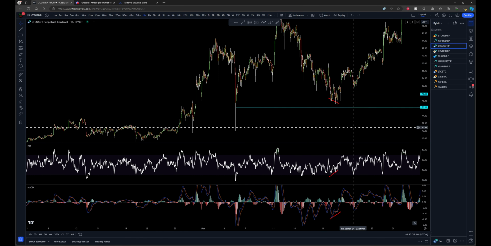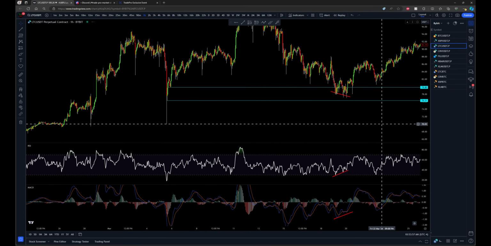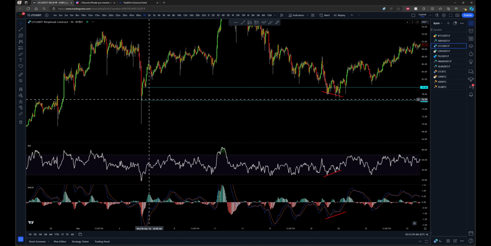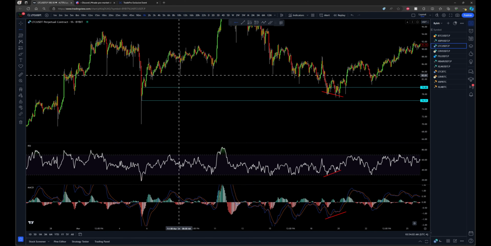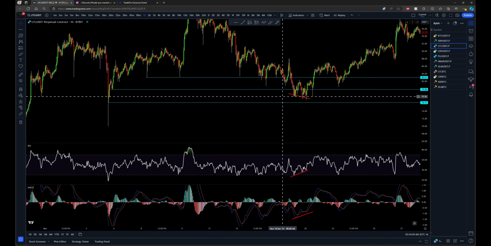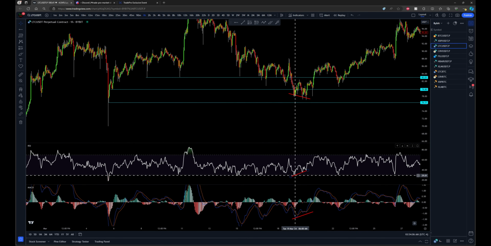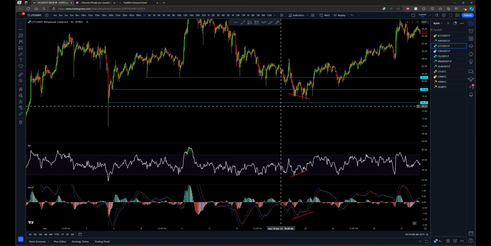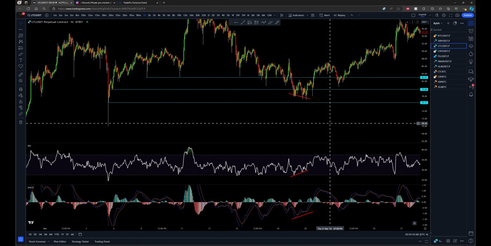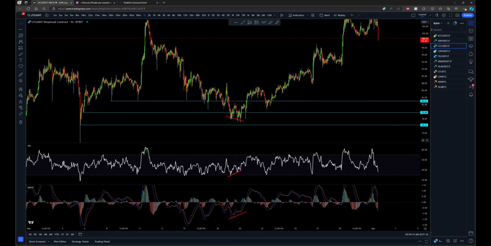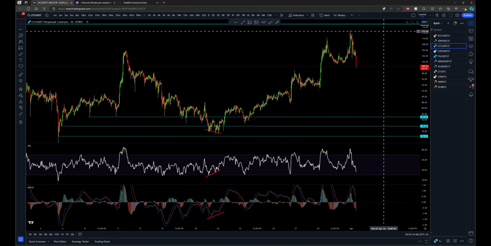We want to get into the pullback at as good of a price as possible. Came down, we swept significant levels, including some more higher up here. Then we came in with our bullish divergence setup, MACD, RSI, after taking out significant levels. From there, it took off to the upside.